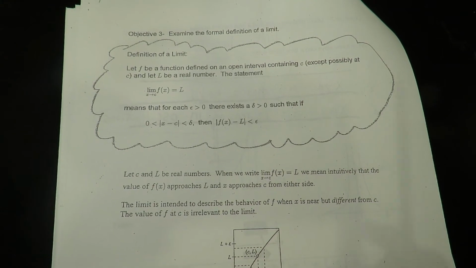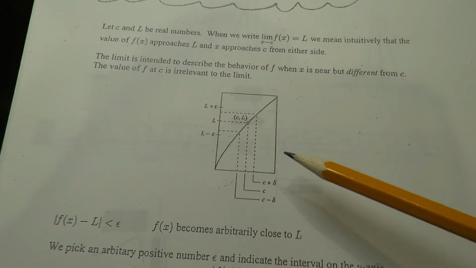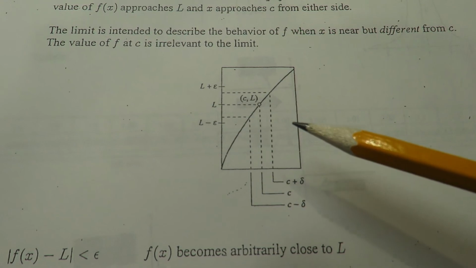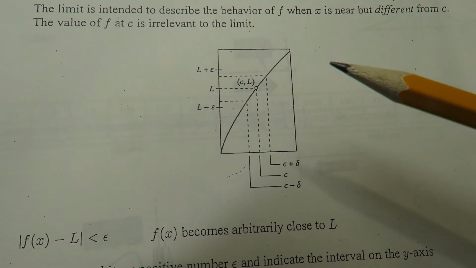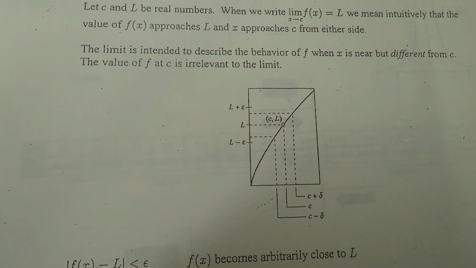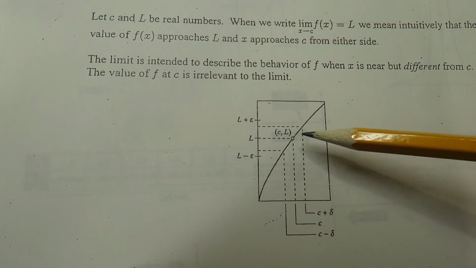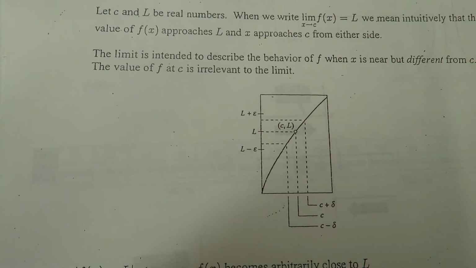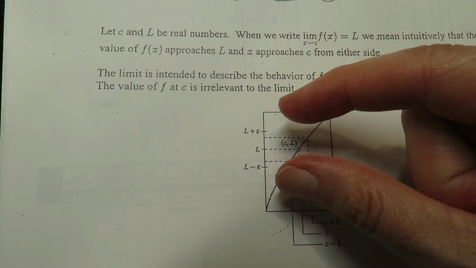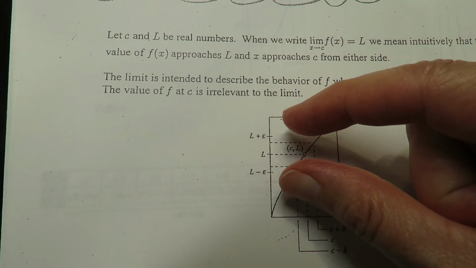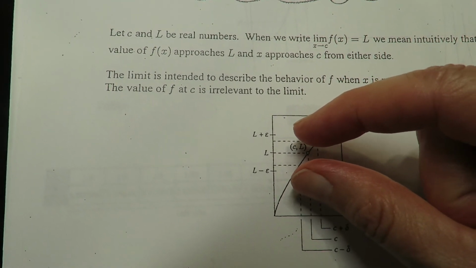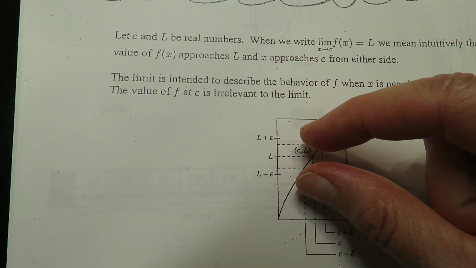Okay, so again, I'm not going to test you on this, but if I just break it down, this is the limit right here. What it says is this: if I can get the output within plus or minus epsilon, then the limit exists.